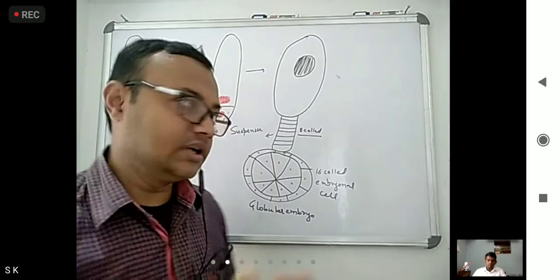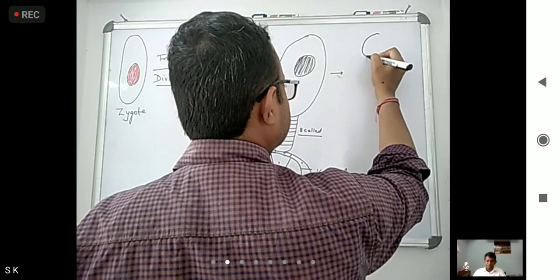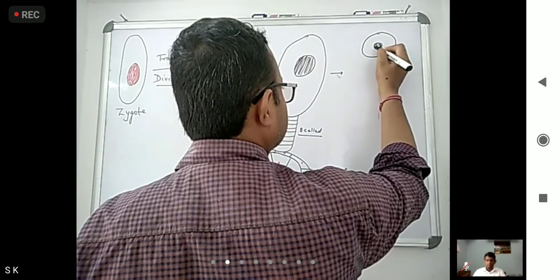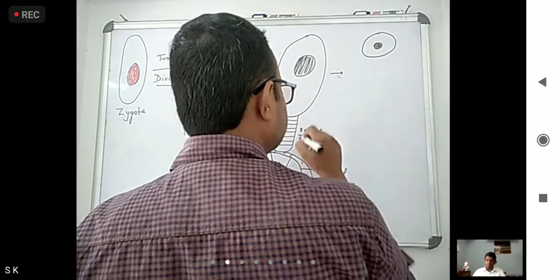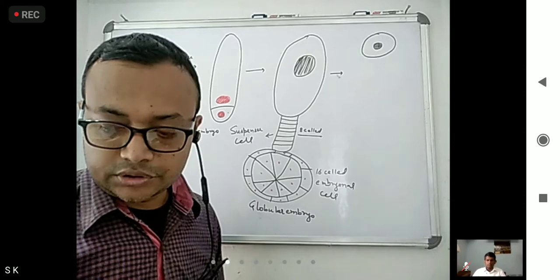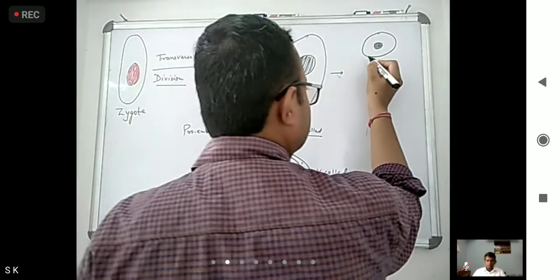This further reducing the zygotic cell size. So this is reducing. Okay. This suspensor cell also getting reduced. So this also reduced.